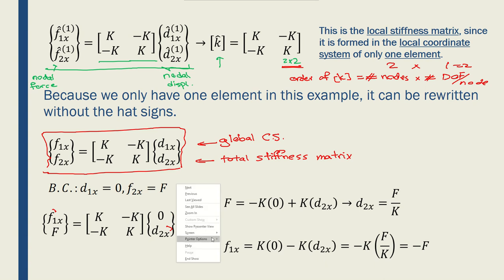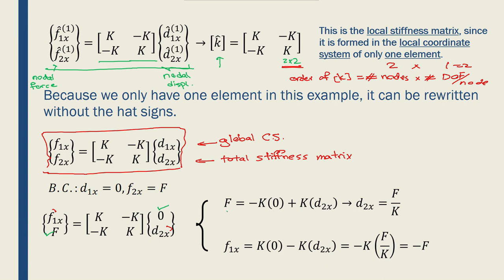However, our knowns, and I want to show them with green, are that d1x is 0, that's our known boundary condition, and f2x is equal to f, which is the known external force. Now I can use those to solve these equations.